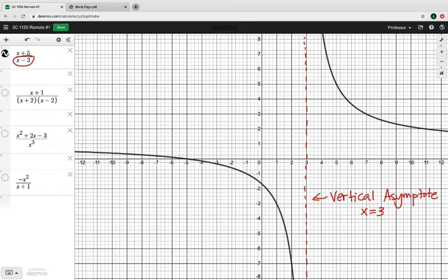And a rational function will never cross a vertical asymptote, because it's associated with division by 0. We can never, never, never divide by 0, so you can never, never, never cross a vertical asymptote.